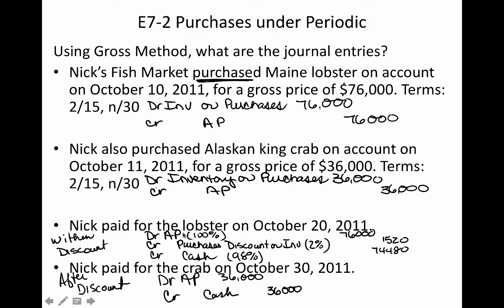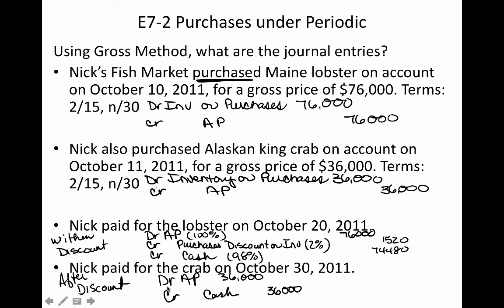So he'll debit the 100% of the bill to get the $76,000 bill off the books, credit cash for 98%, and credit either purchases discount or inventory for that 2% cash discount because he paid his bill early.